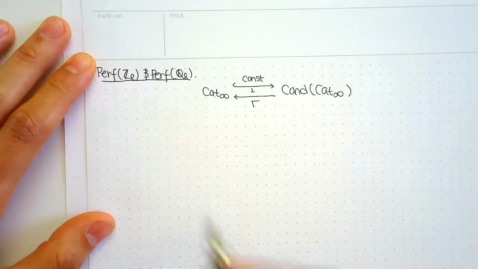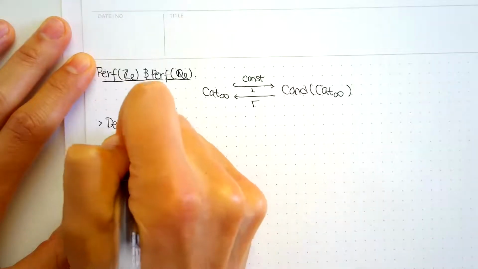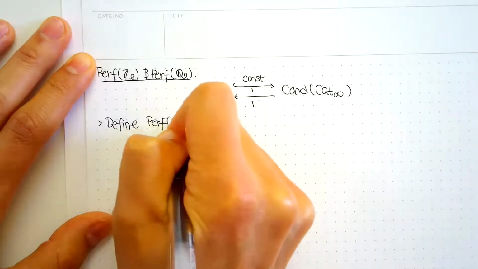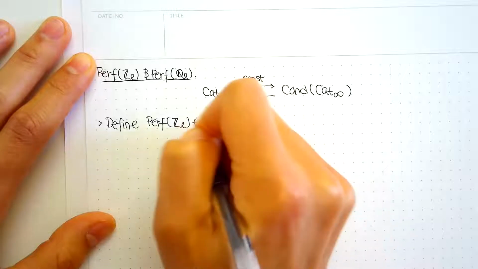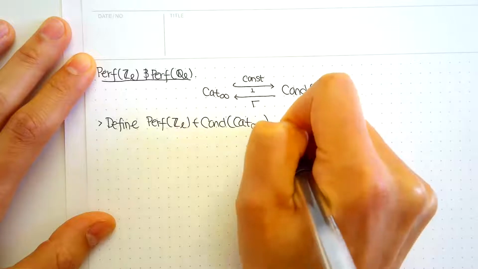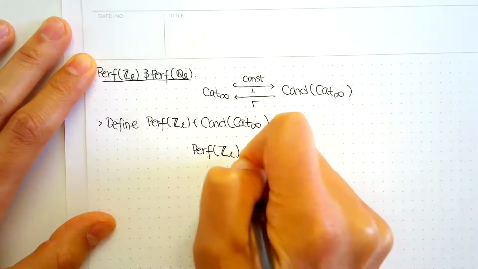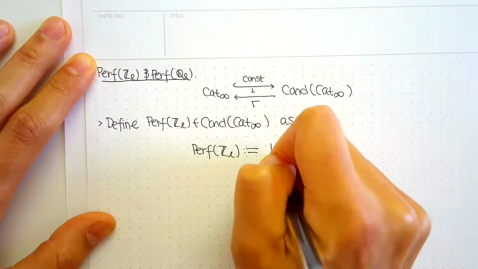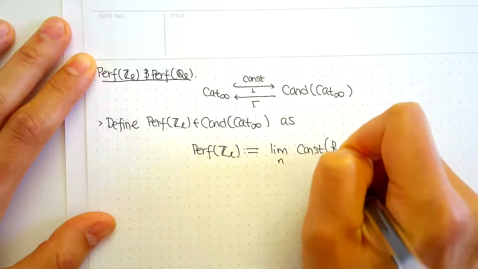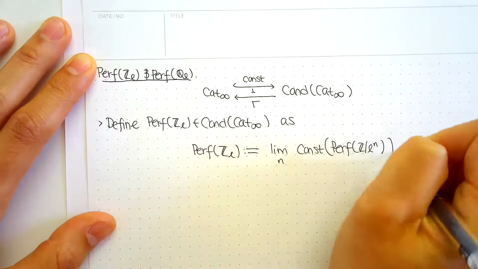And so you can then define perf Z_l in here as the limit of the constant category perf (Z/l^n), interpreted in the usual classical sense.